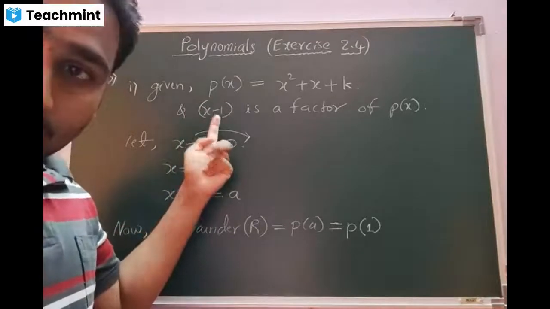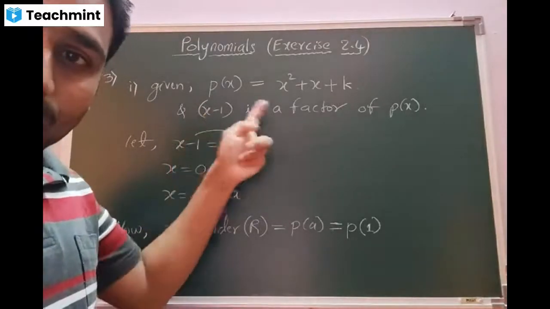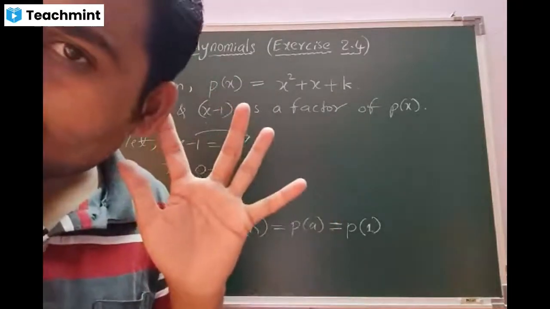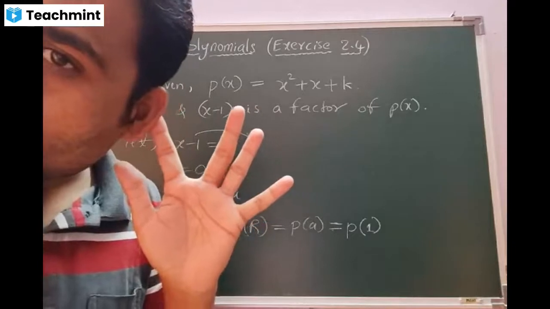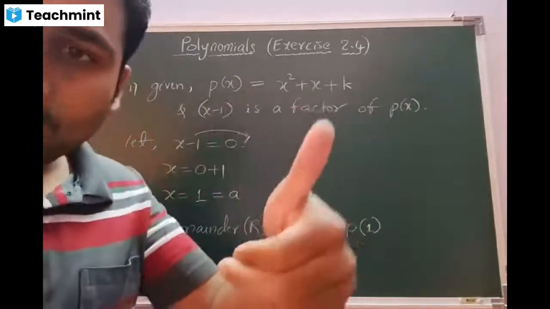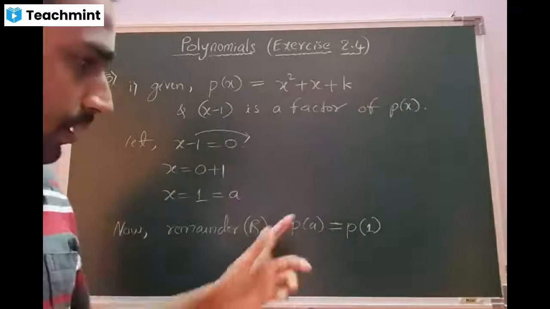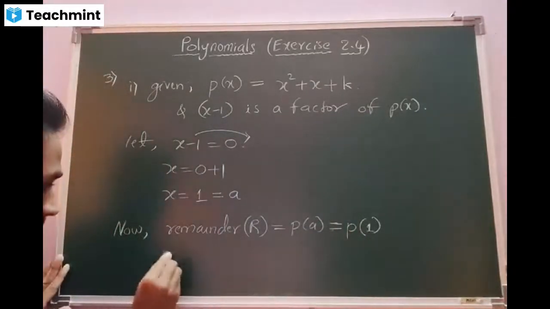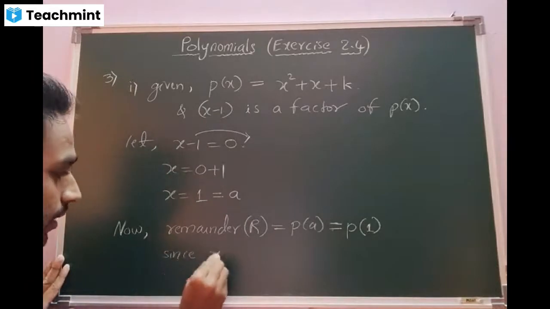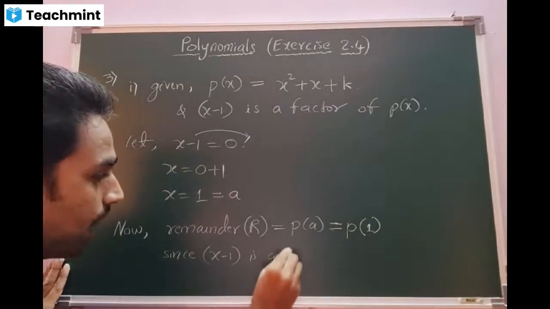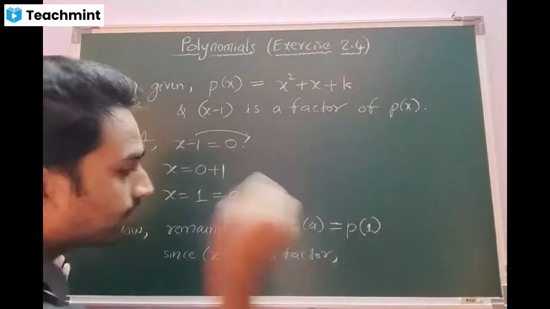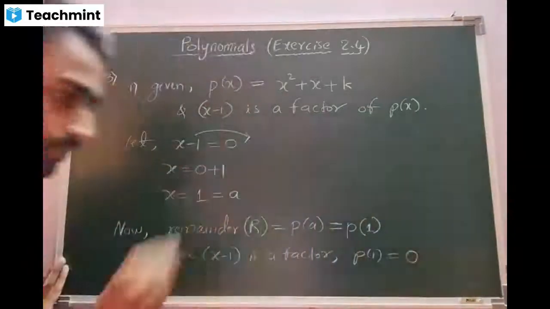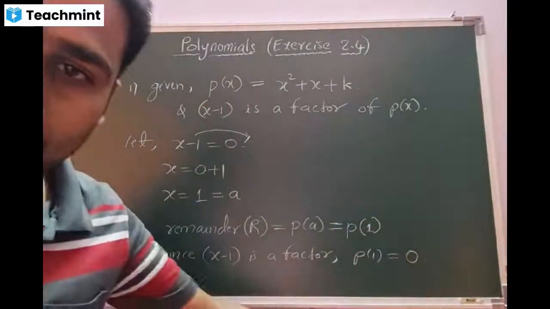If a linear polynomial is a factor of p of x, then the remainder will be what, beta? 0. It is nothing but p of a, nothing but p of 1, which is 0. So I'll write a sentence: since x minus 1 is a factor, p of 1 is equal to 0 according to the factor theorem. Correct, beta?